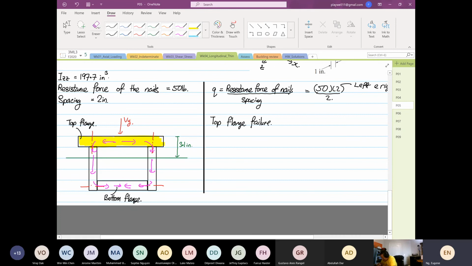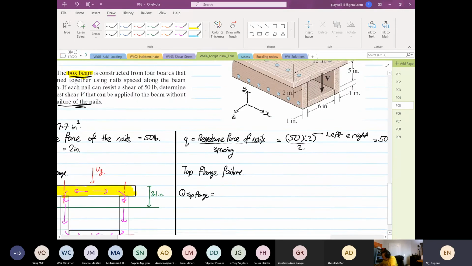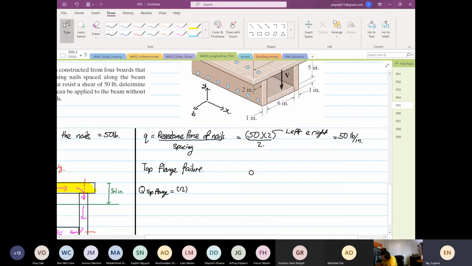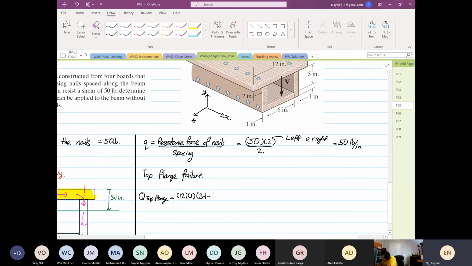Hello? Nothing. Oh, shoot. So Q for the top flange is equal to, we look at the width, which is 12 inches. The depth is 1 inch, right? And then this is multiplied by the Y bar, which is 3.1 minus 1 divided by 2, half.